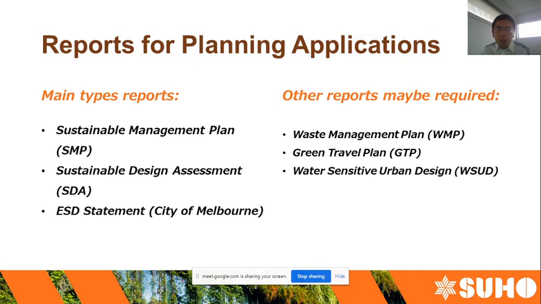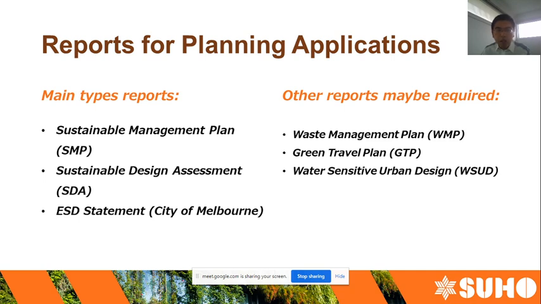Now we need to do some sustainable design for planning application, and what are the reports we need to do here? So there are 3 main types of reports. There are Sustainable Management Plan (SMP) and Sustainable Design Assessment (SDA) and ESD statement, which is only required in the City of Melbourne.